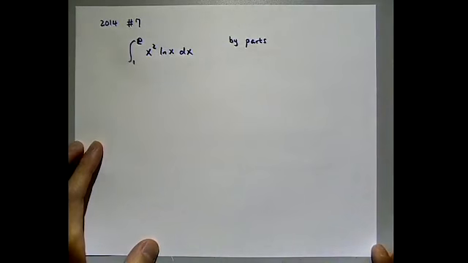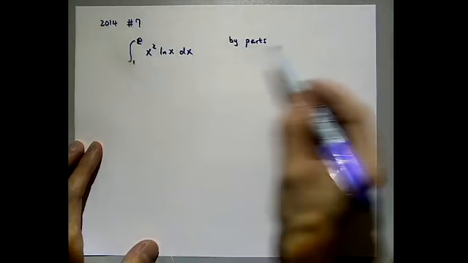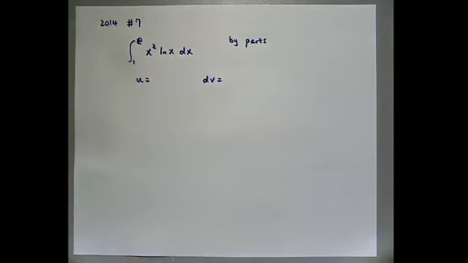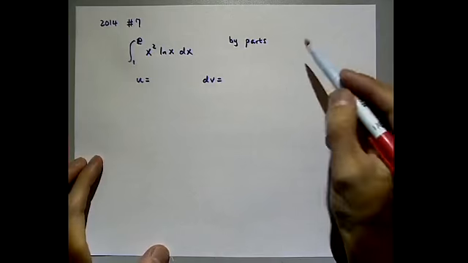And this one we have to do integration by parts. That means we need to pick one part of the stuff we're trying to integrate, call that thing u, and the other part, call that dv. You remember the order in which we have to choose u.